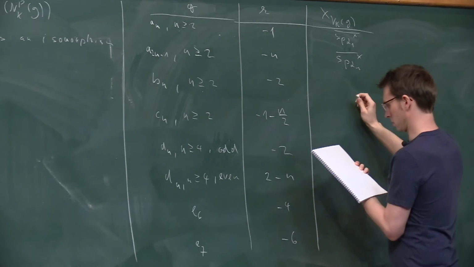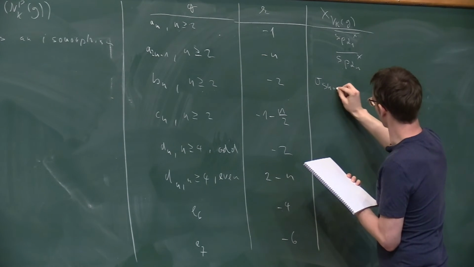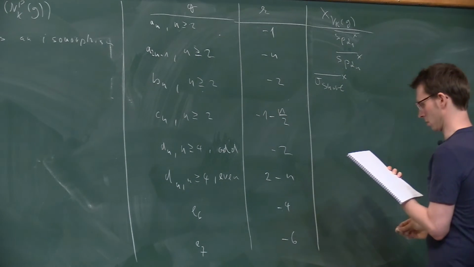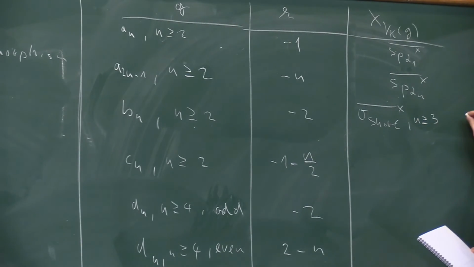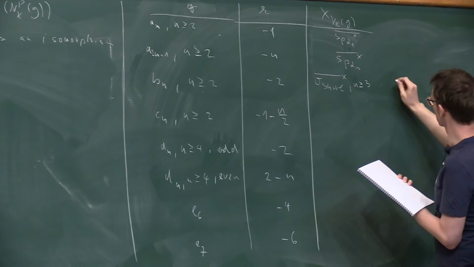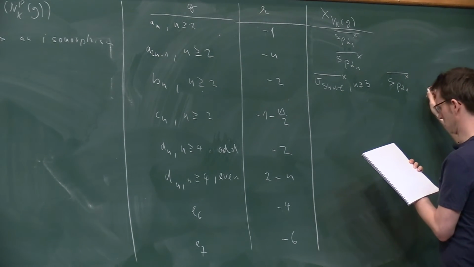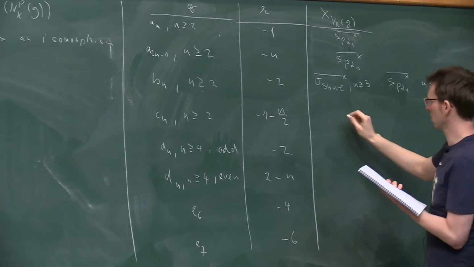This is some closure of some nilpotent orbit. So this was already known. This is for n greater than or equal to 3, and for 2 it's just some Dixmier sheet.